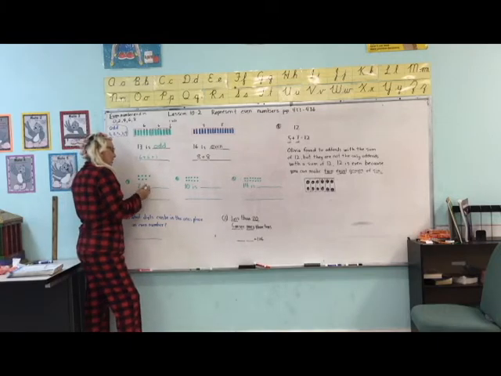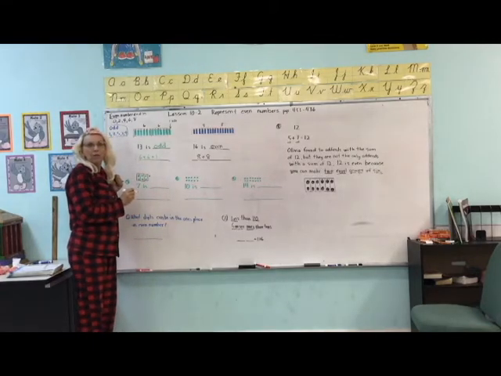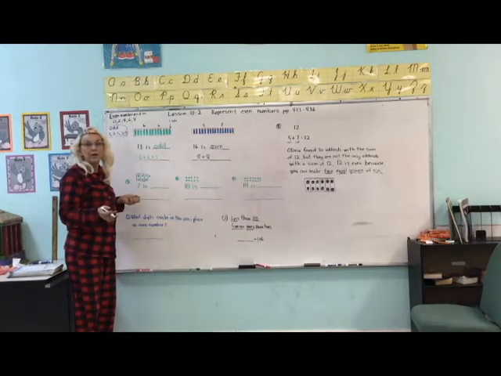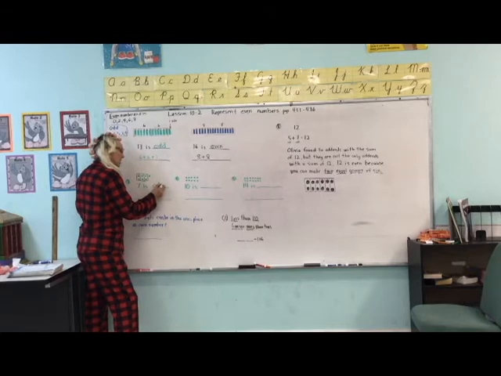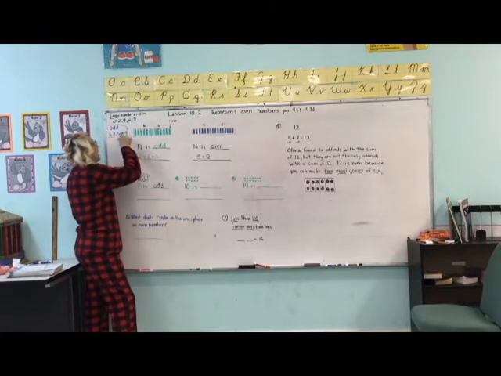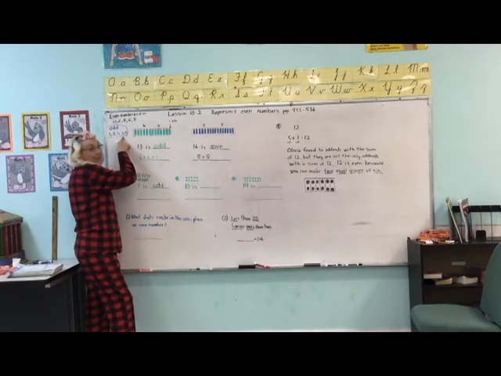Is 7 an even or an odd number? Well, if you go like this, that's a pair, that's a pair, that's a pair. Oh, that one doesn't have a pair. So it has to be odd. It has to be odd because it does not have an even amount of pairs. And again, when you look up here, odd numbers end in 1, 3, 5, 7.